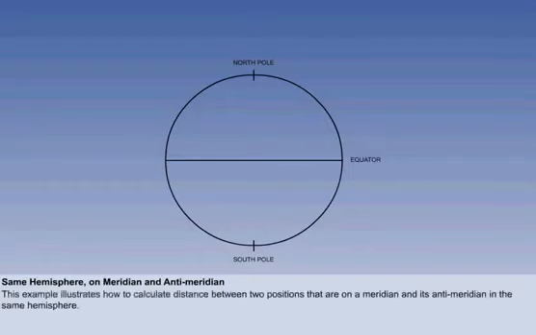Now let's look at an example of same hemisphere points, but on a meridian and its anti-meridian. What is the shortest distance between Rome, north 41°55', east 011°10', and Honolulu, north 21°17', west 168°50'? We can see that it is easier to visualize the ChLat by applying the latitude as an angle from the equator, 21 degrees 17 minutes and 41 degrees 55 minutes.